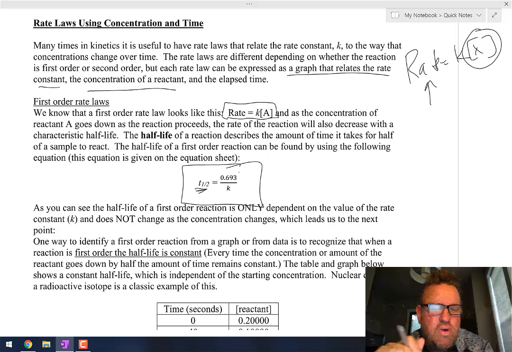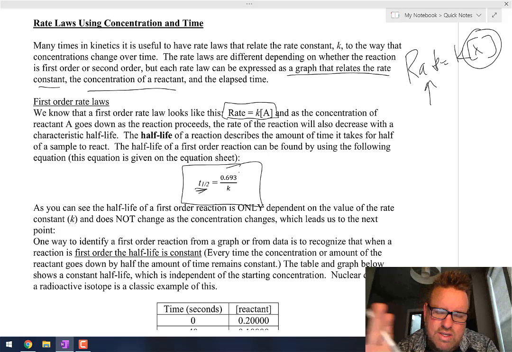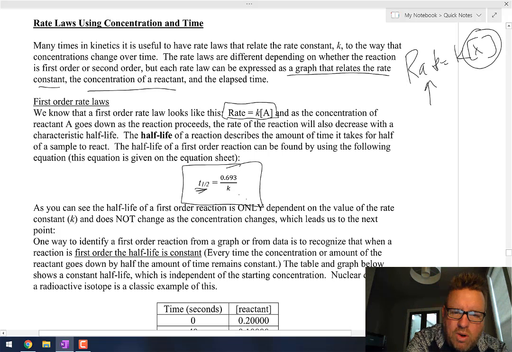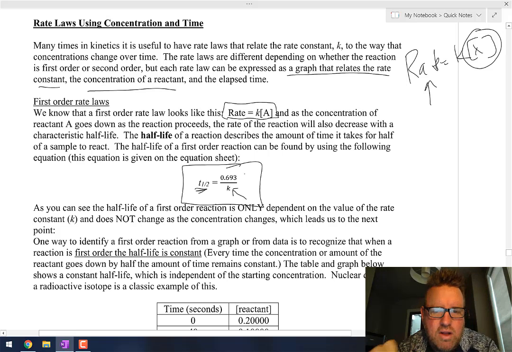There's a mathematical way to derive 0.693, but I'm not going to show that to you because it doesn't matter. So you can see that the half-life of a first-order reaction is only dependent on the value of the rate constant and doesn't change as the concentration changes.